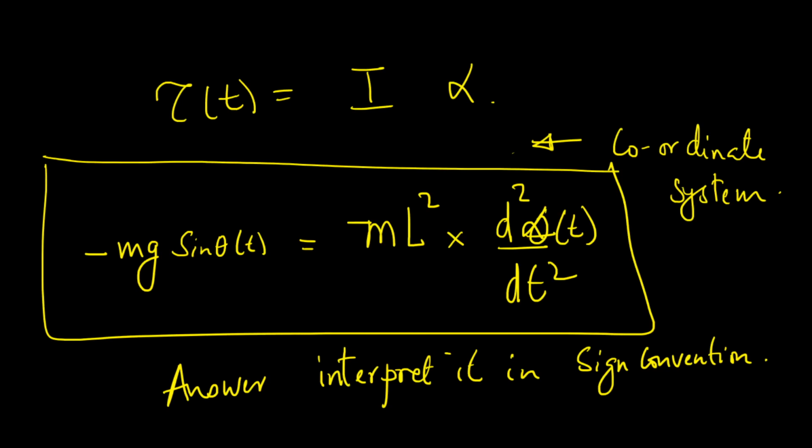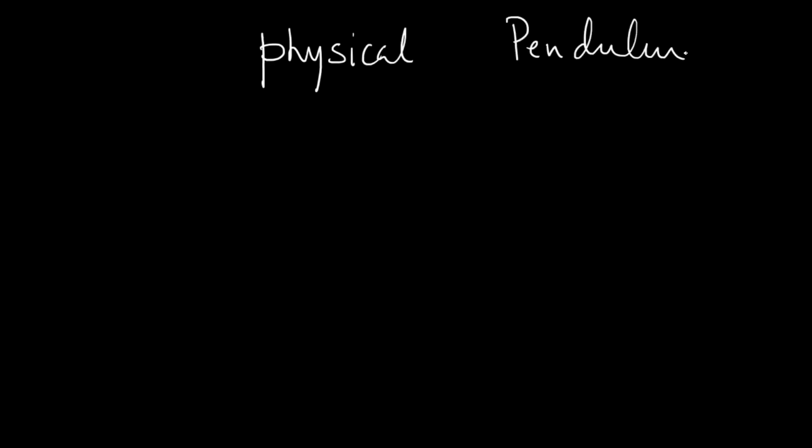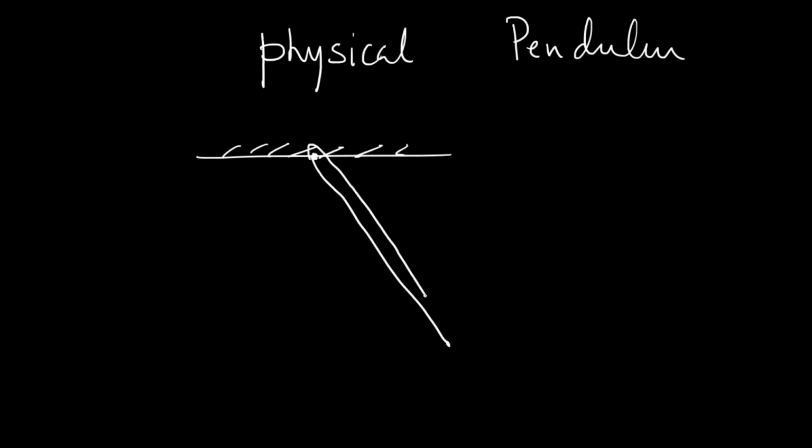Now let's do one thing. Let's go to the physical pendulum. I think I'll make it in the next video, but I'll just give you a quick intro. What is the objective? There is a pivot, and this time it's a solid scale, which is rotating about this pivot, and one can intuitively know that in some sense it behaves like the simple pendulum.